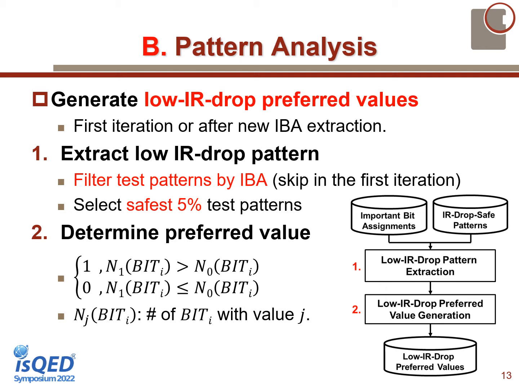Then, we determine preferred values by comparing N0 and N1 values, defined as the number of zeros and ones for a given bit. If there are more ones than zeros for bit i among these patterns, the preferred value for bit i is 1, and vice versa. I'll show you an example in the next slide.